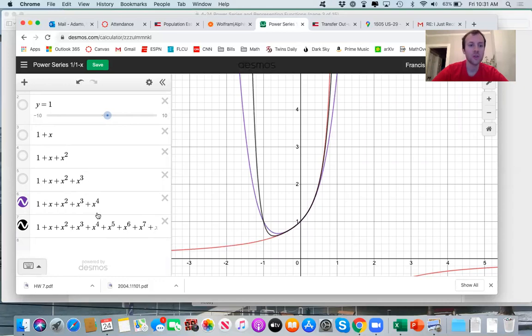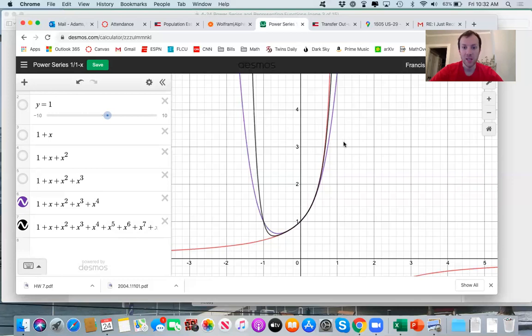As you go further and further out, as your polynomials get longer and longer, they more closely approximate the original function. And what we notice is it's getting really good as long as you're between -1 and 1.